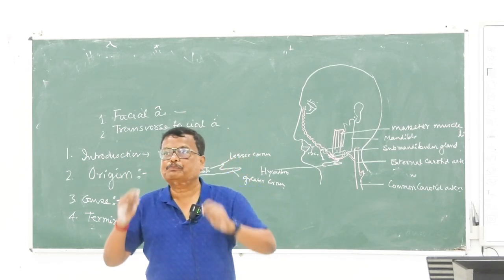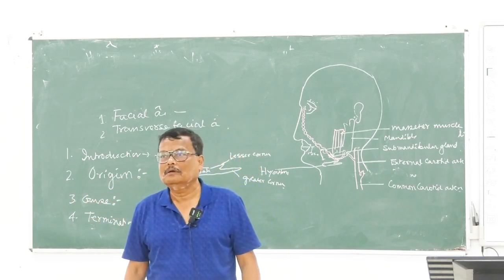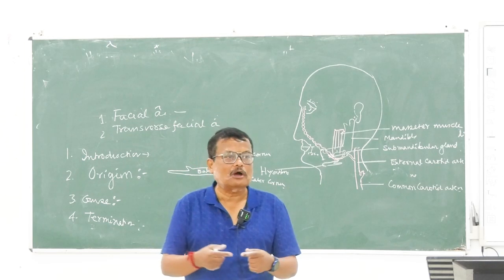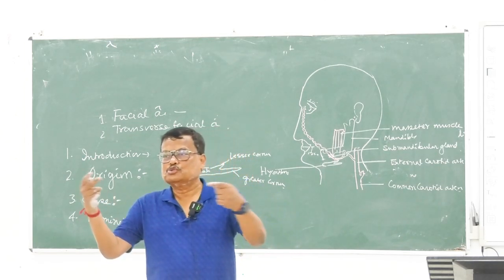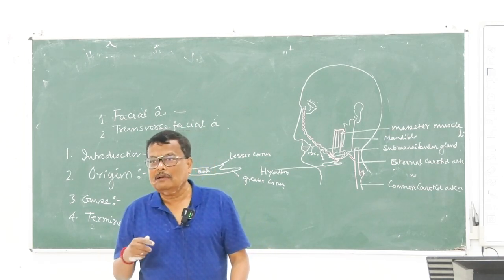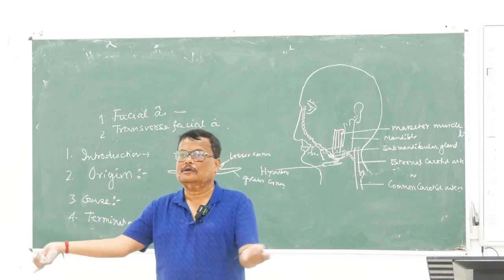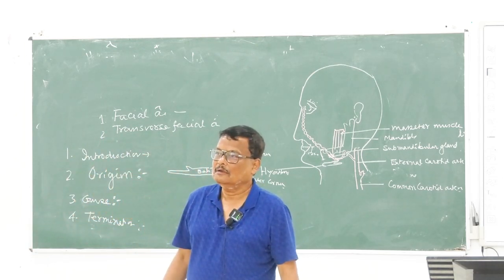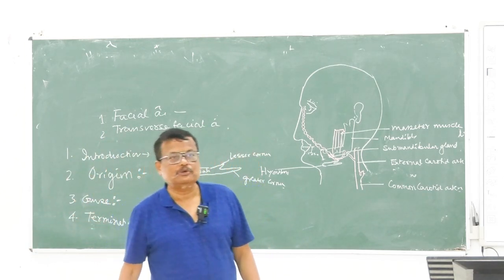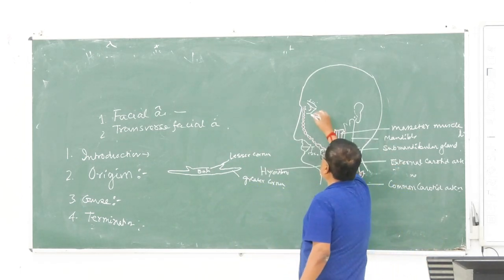Because ophthalmic artery is a branch of internal carotid artery and facial artery is a branch of external carotid artery. So there is, like a portocaval anastomosis, এটাও একটা anastomosis between the internal carotid artery and external carotid artery.